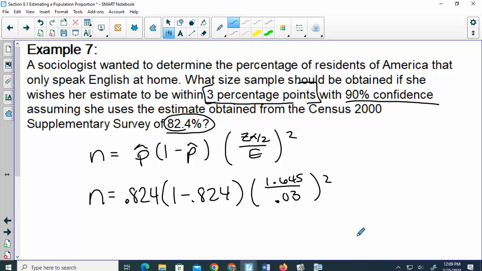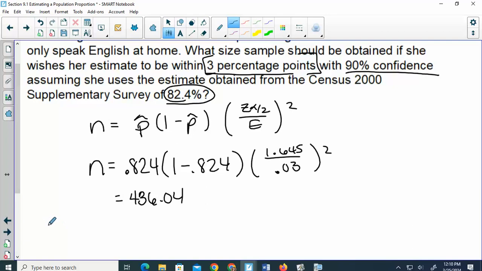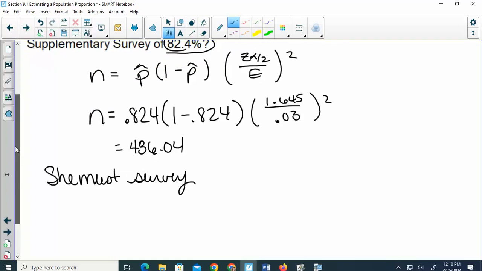Alright, so if we type this in, we get 436.04. Okay, we can't ask a partial person, so either you talk to them or you don't.